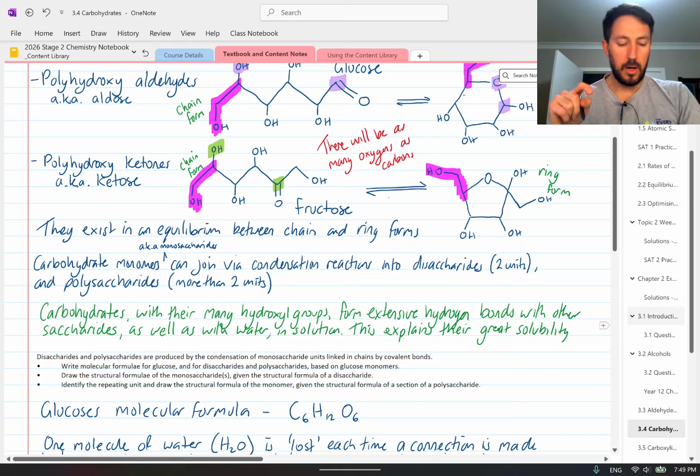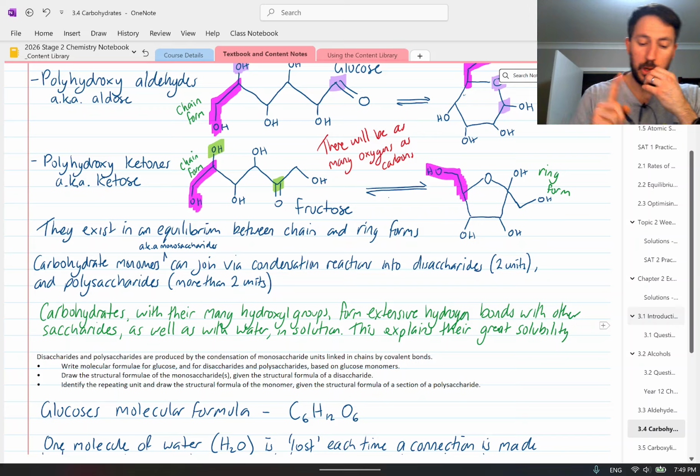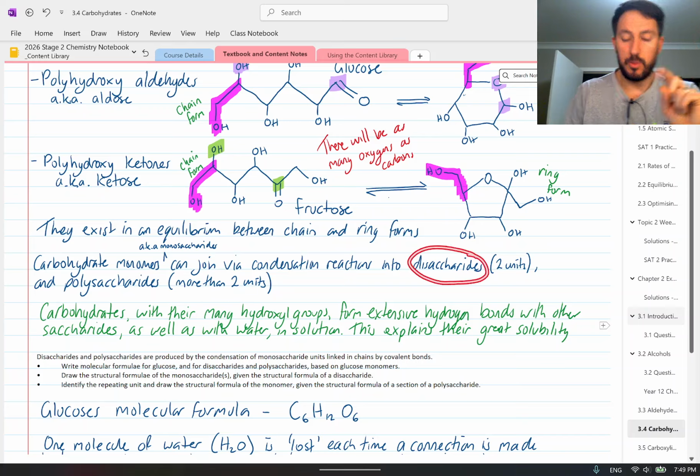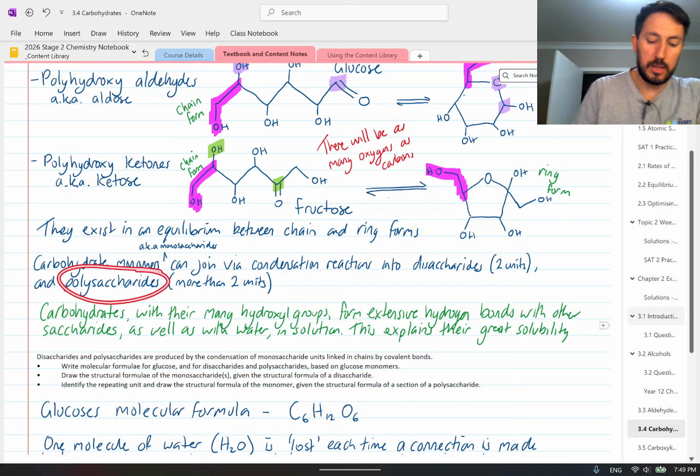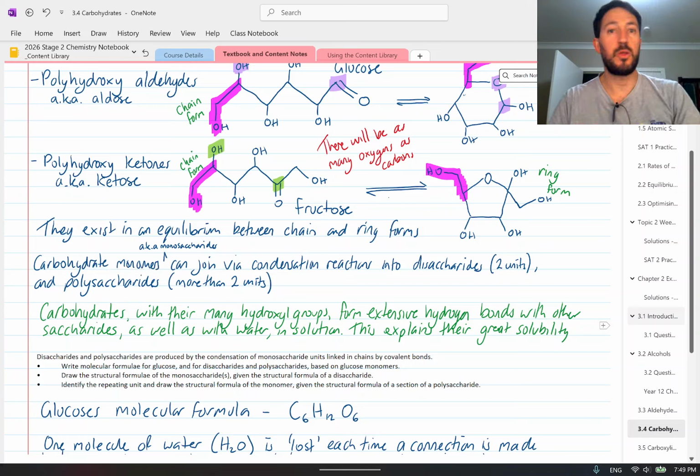Okay, so now we're down to this bit here, which is the fact that these carbohydrate molecules, or what you can also call monomers or monosaccharides, can actually join up into bigger molecules. They can join into disaccharides, which have two monomers. They can also join into polysaccharides, which are more than 2 units. So it could be 3, 4, 100, or 300.